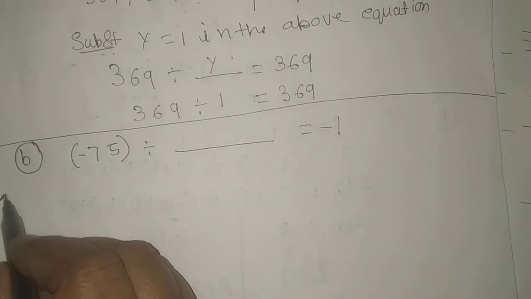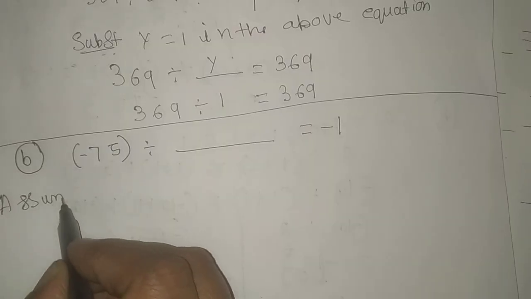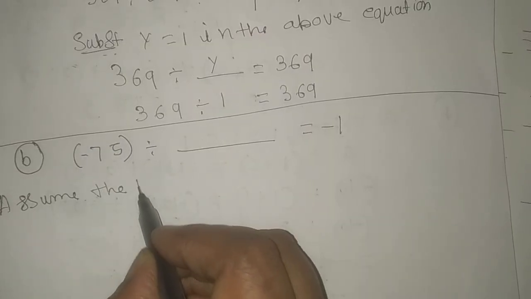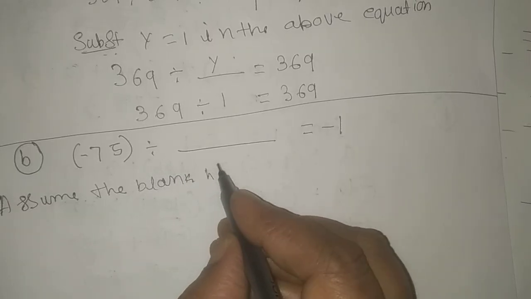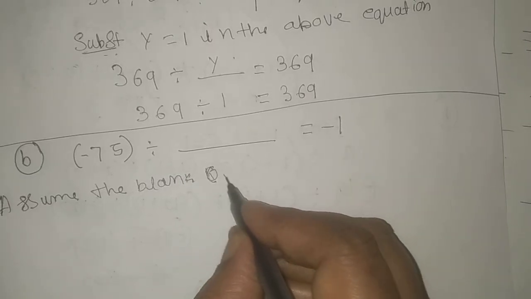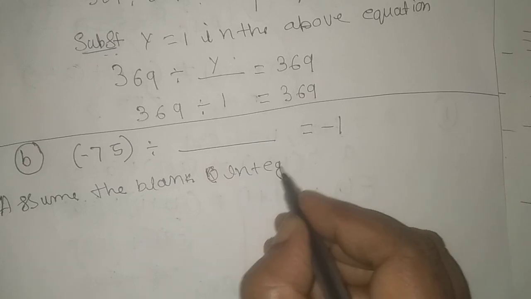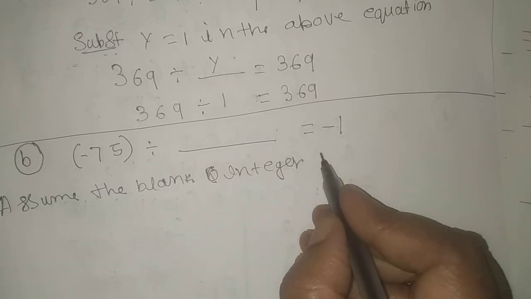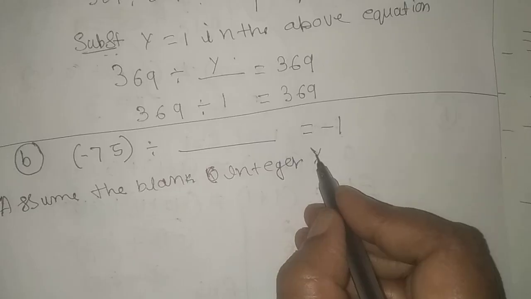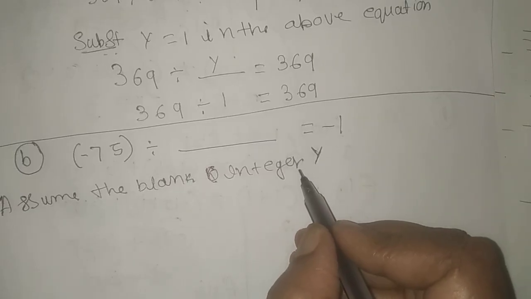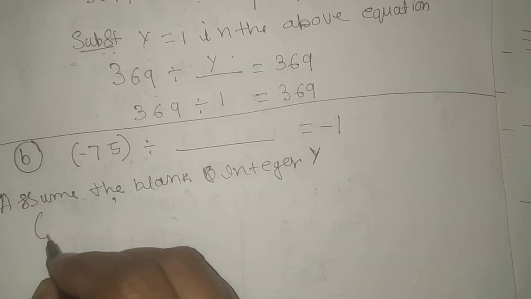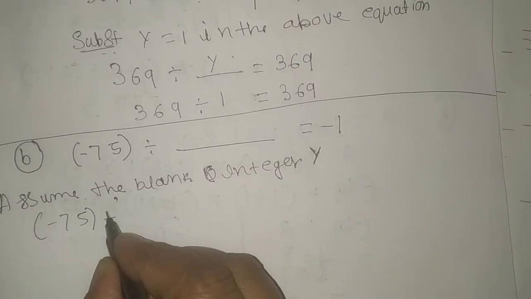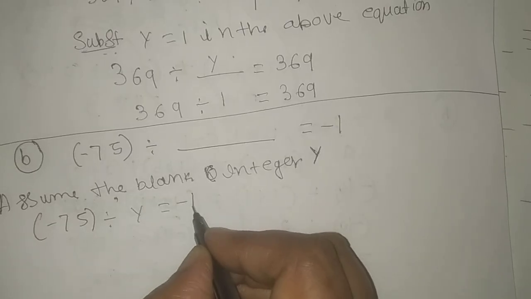So here also we'll assume the blank as integer y, or substitute integer y in the blank. So substitute here, I'll write here minus 75 divided by y is equal to minus 1.